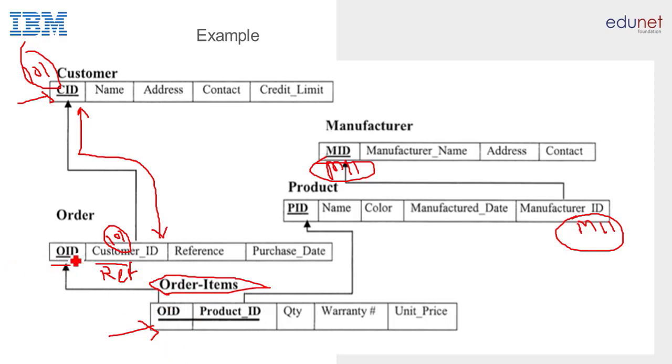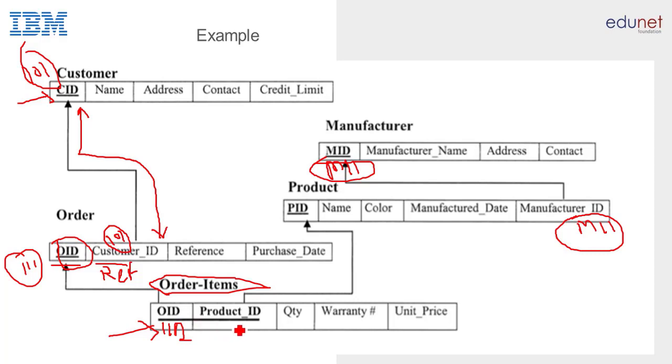For example, in the order table 111 is my order ID, but here it is not required to put 111; instead I put 112, because order ID is specified in the order table and also in the order item table. So order ID may be different in the order table.